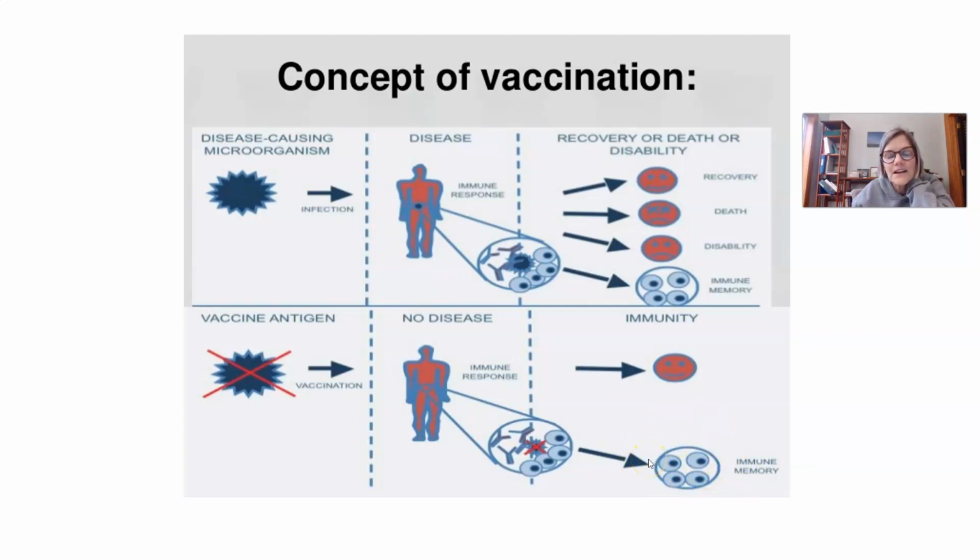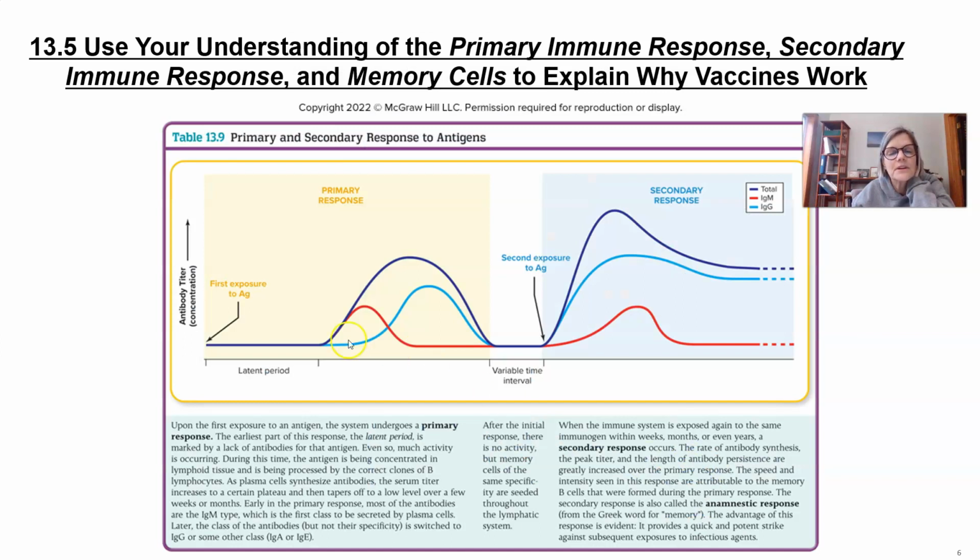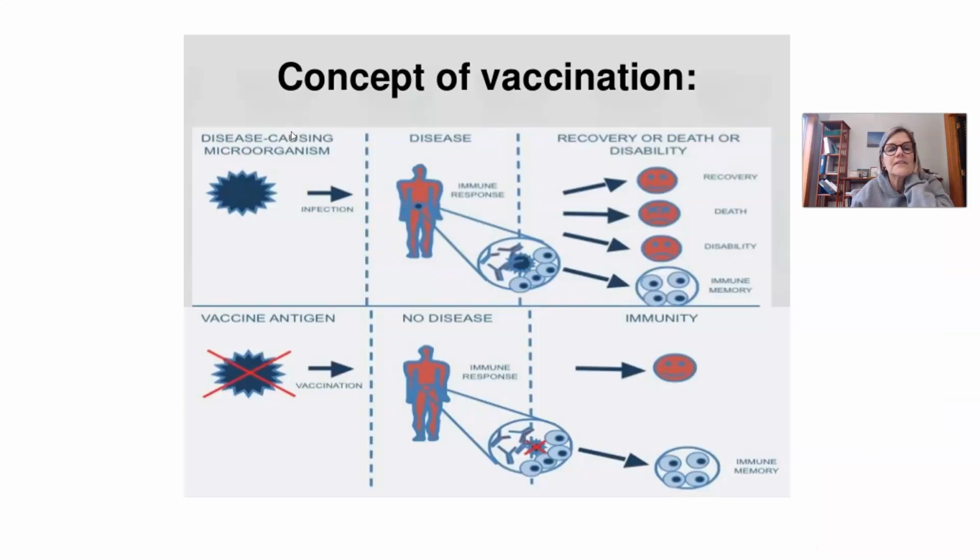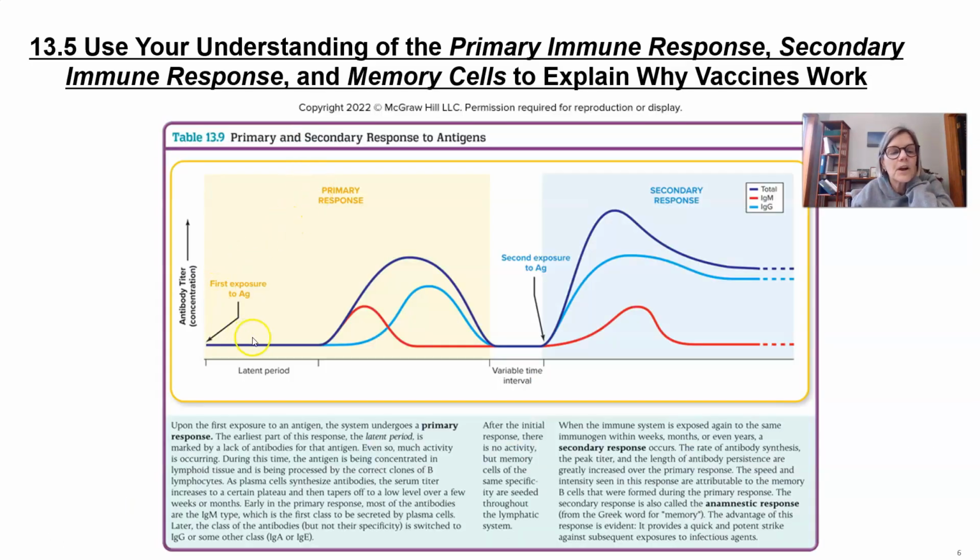So the bottom line, going back to the graph on the previous page, is that a vaccine can give a person the primary immune response. The vaccine can cause this primary immune response to occur without the patient getting sick, but with the production of memory cells.